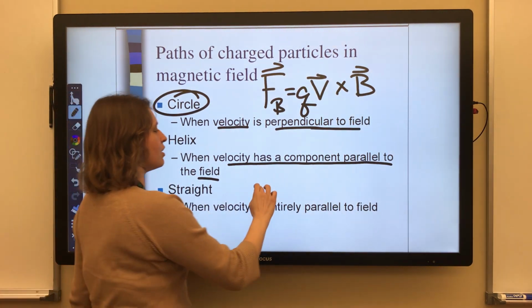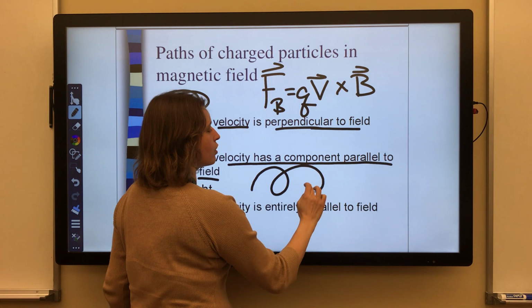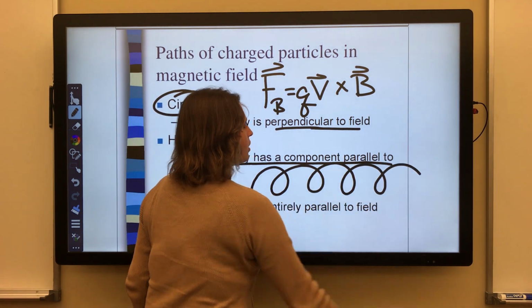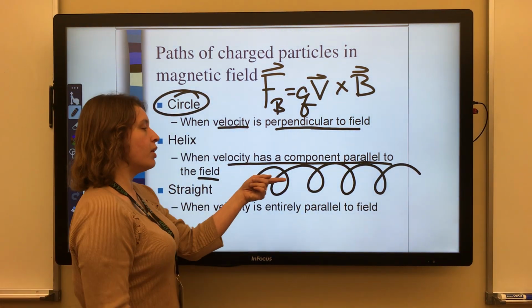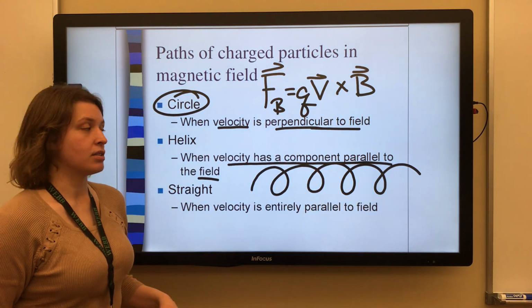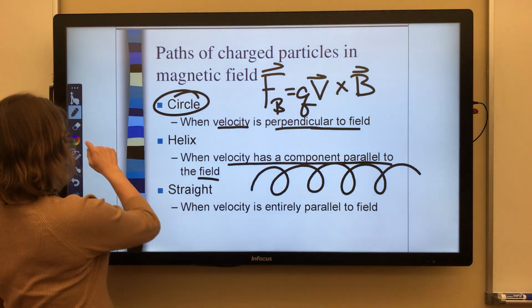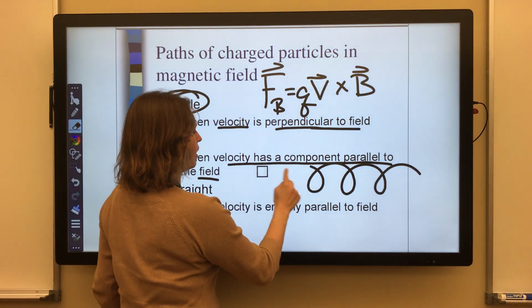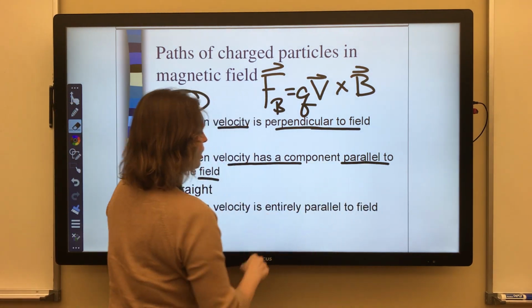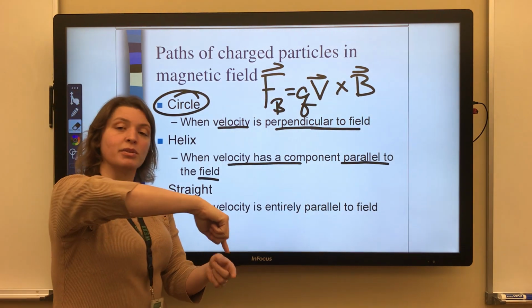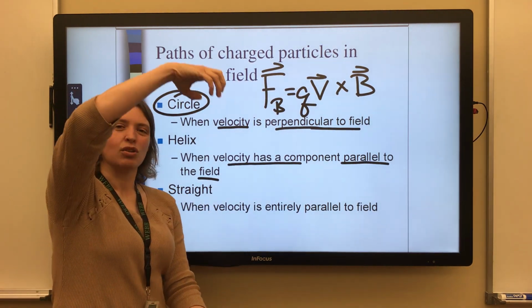And so when you have a helical path, it's because you have a circular path with one component of the velocity that's unchanged, constant. This really needs to be in three dimensions. I probably should not have drawn it that way. But what I want you to think about with a helical path is almost like taking a slinky and stretching it out.